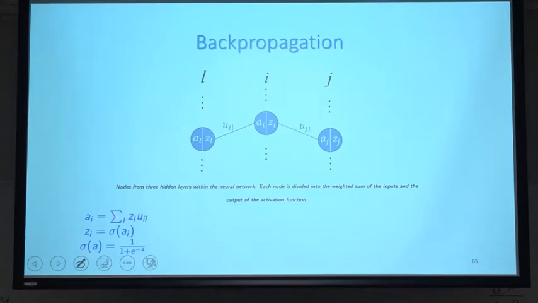A_i is the sum over l of z_l u_il. This is u_il, one of the weights of the input, times whatever was the output of the previous layer. When I take the summation of this over all inputs, that would be the value of A_i.